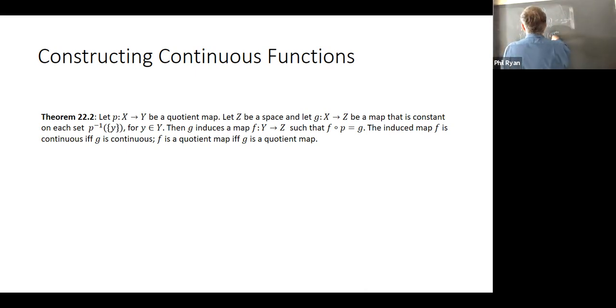You've got an open set here, you pull it back to an open set here, you can push it down to an open set there. So the fact that g is a quotient map means you can put back and forth open sets here. And since f is the composition, you can do the same thing with f. So that holds.